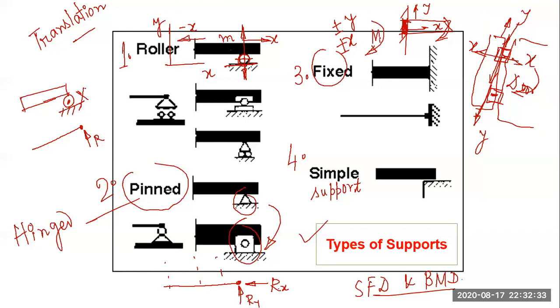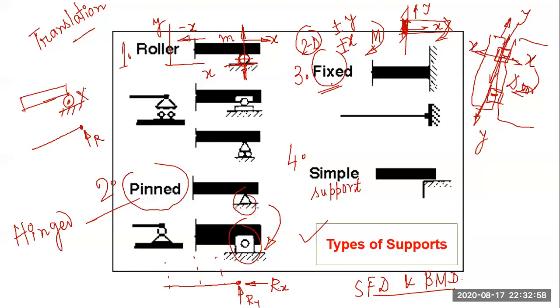As for a 2D fixed support, both x direction, both y direction, and both clockwise and anti-clockwise turning effects are restricted due to the permanent fixation of the support.